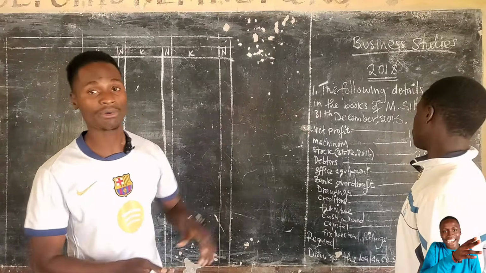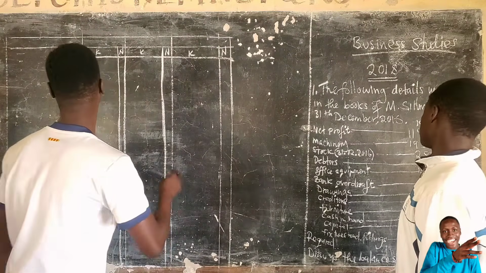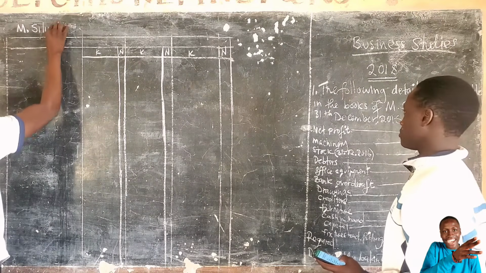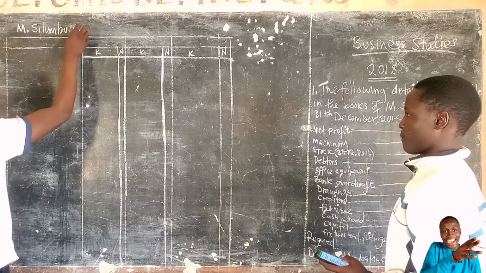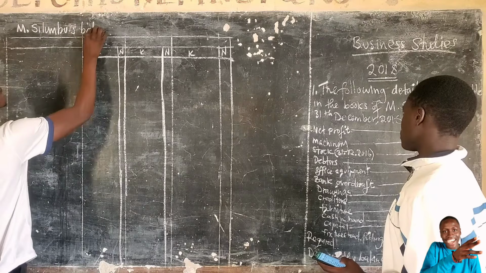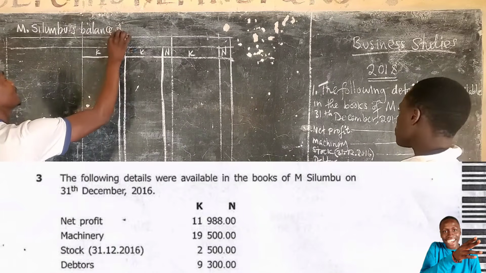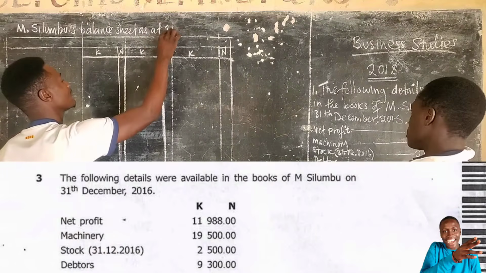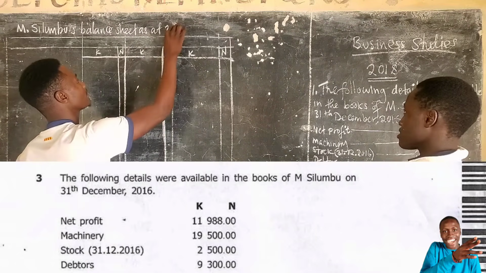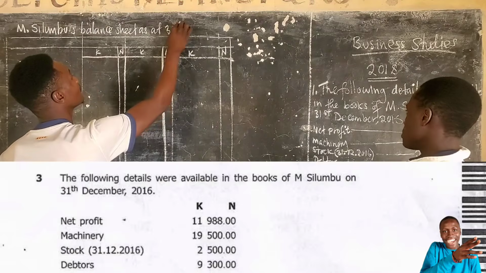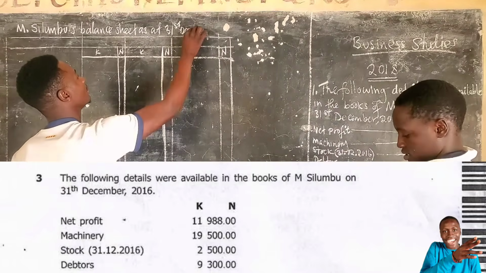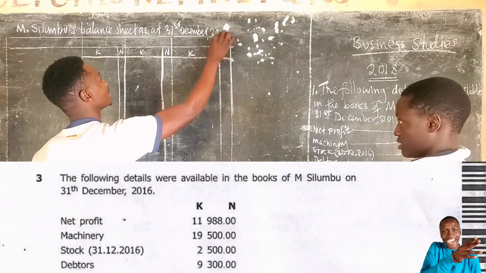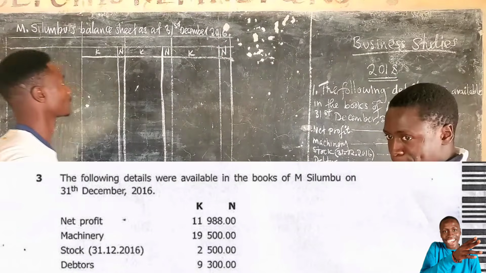So we're going to write the name of the person, which is M. Silumbu. Balance sheet as at 31st December 2016, full stop.